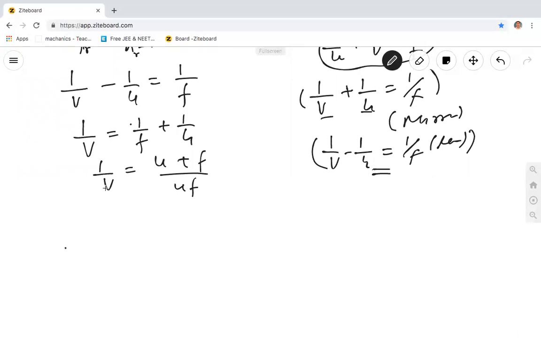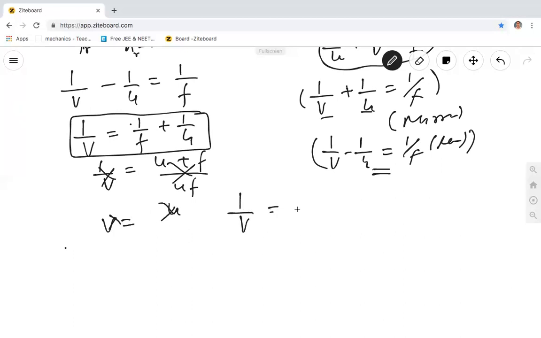Now, what about v? Okay, look at this formula. Let me not do this, not needed. 1 by v is equal to 1 by f.